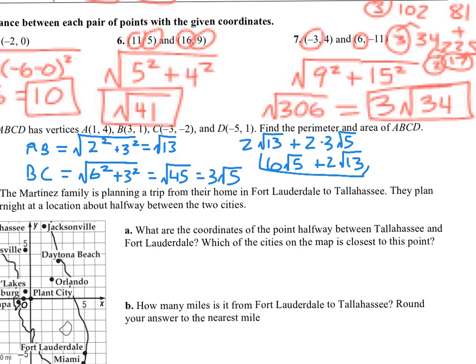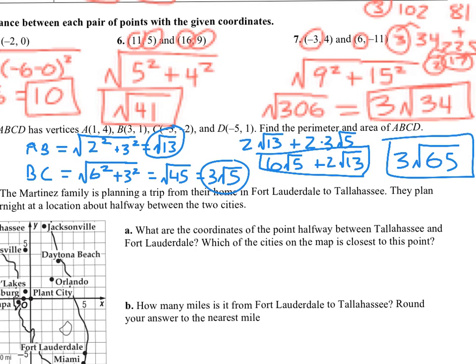And then we also want the area, so we take the product of these two numbers. The product of those 2 numbers would be 3 radical 65. So this one's the perimeter, and this one was the area.